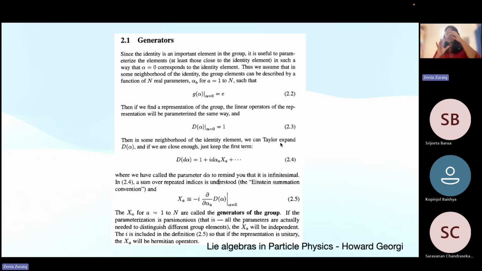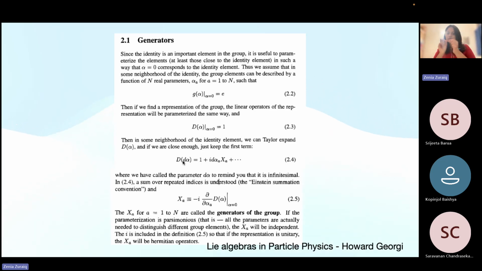Basically, because the group depends on a parameter in a continuous way, we are trying to expand one of the representations of the group, let's say D of alpha. G of alpha is mapped into some particular representation D of alpha.